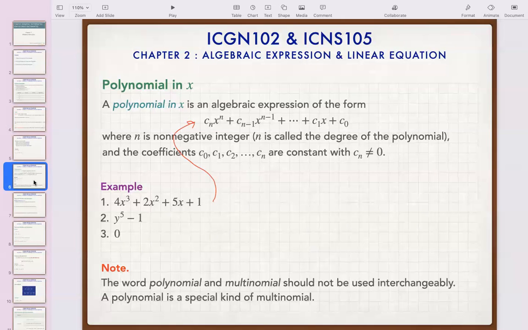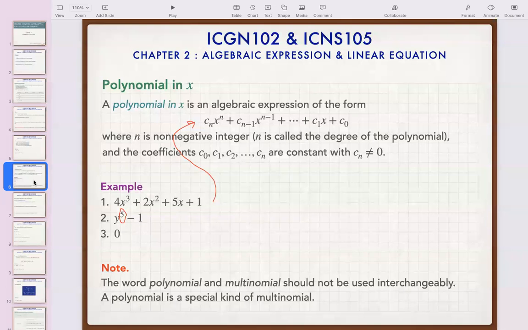The next one is y to the 5 minus 1. You can see that here, when we talk about y to the power of 5 minus 1, n is a non-negative integer. Yes, this one is a non-negative integer.